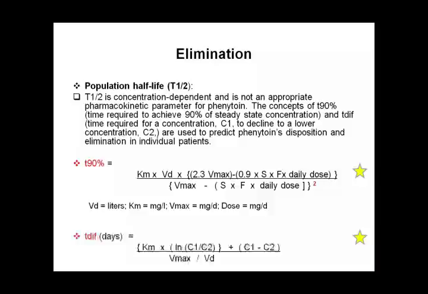This is the equation to estimate the time in days for a concentration C1 to decline to a concentration C2. And again, it's important to use the units correctly.